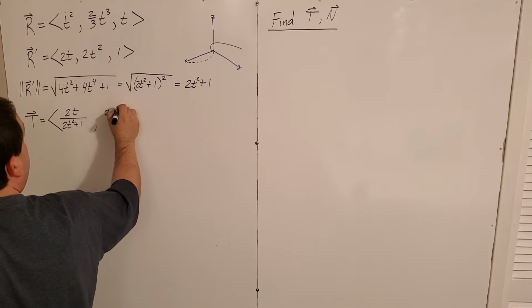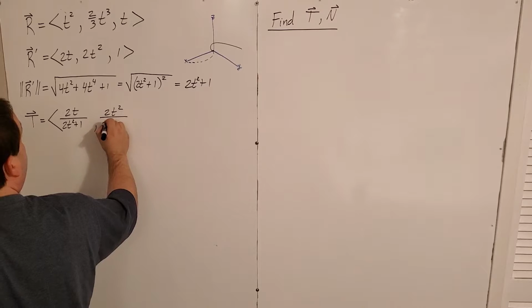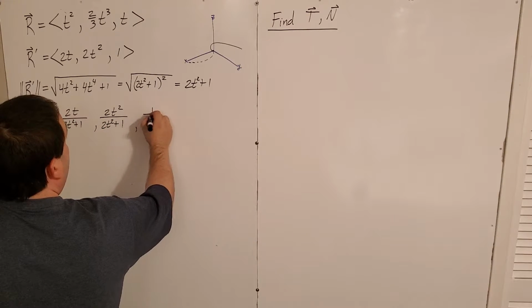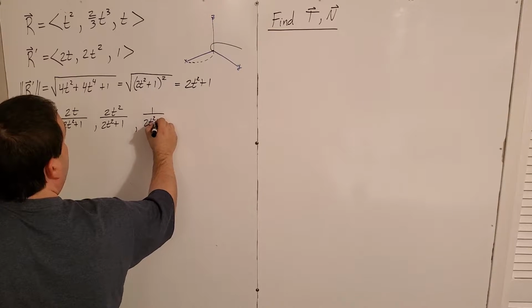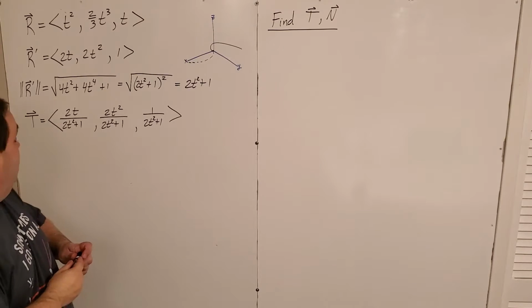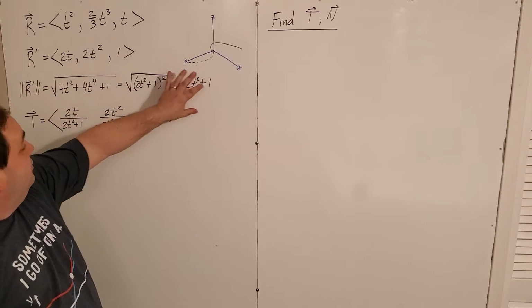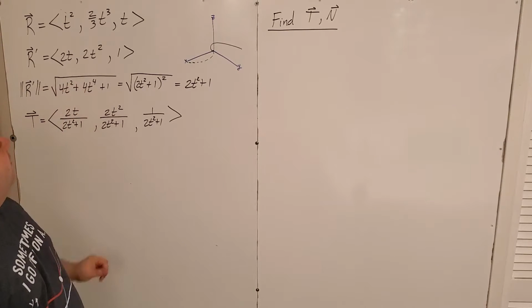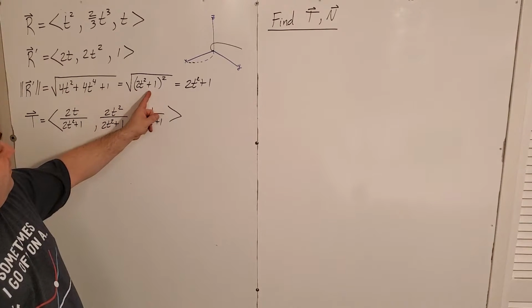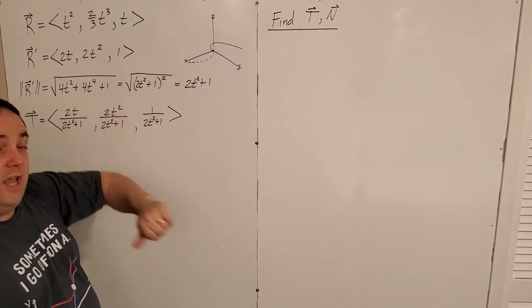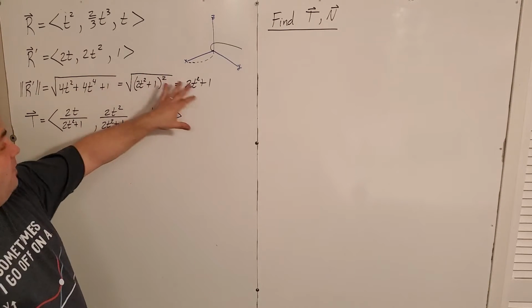So 2t squared over 2t squared plus 1, and 1 over 2t squared plus 1. So yes, the length of my tangent vector worked out great. I want you to notice one little piece out of place would have made this, even if it was factorable, maybe not a square factorable, this one actually worked out really nice as far as that part is concerned.